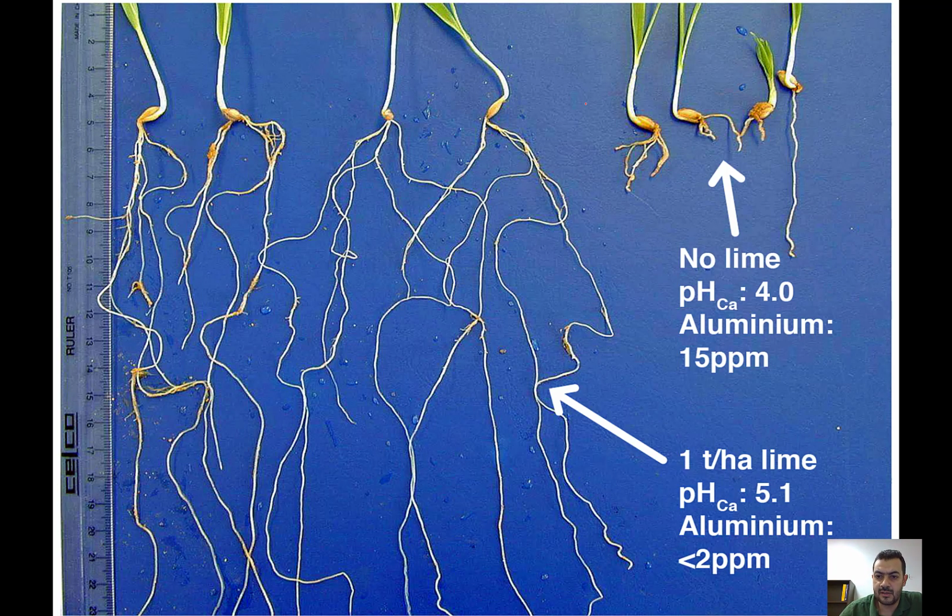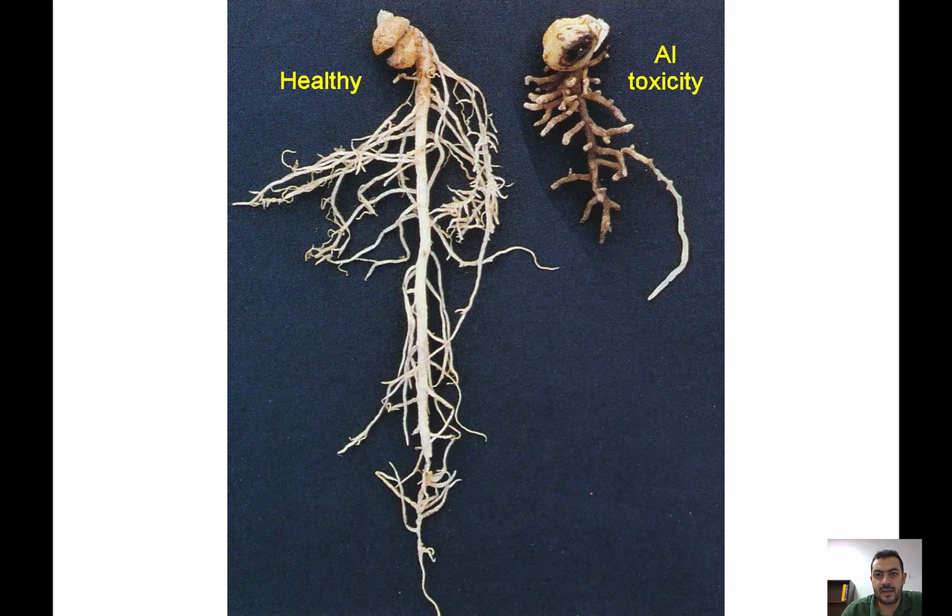As you can see here, if the pH is below 4.5, we may have this stunted growth of the roots of the plant, while if the pH is above 4.5, we will have healthy plants like that. It is shown here again in this image, the aluminium toxicity and the healthy plants, and as we said, it is all about avoiding a soil that is too acidic.